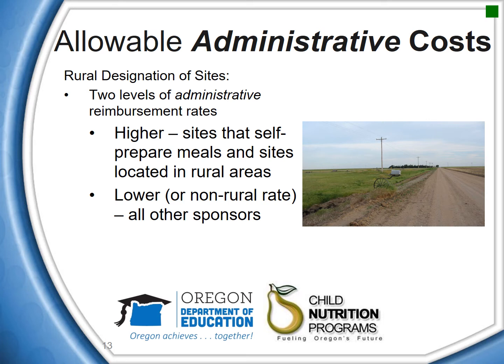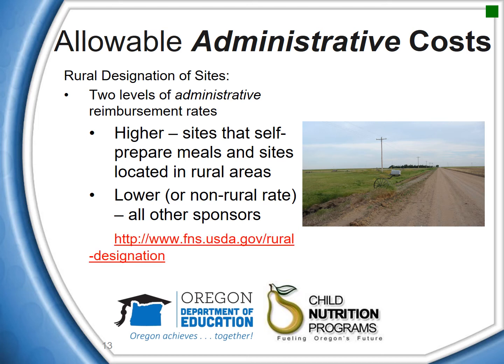ODE C&P will be able to provide information on whether sites are considered rural for program purposes. According to a study conducted by FNS in 1978, sponsors that prepare their own meals and operate in rural areas may incur higher costs than the other sponsors. Therefore, additional administrative reimbursement is provided to sponsors who serve meals at rural sites and for self-prepared meals.